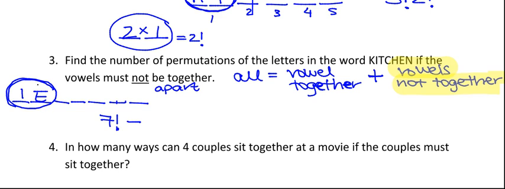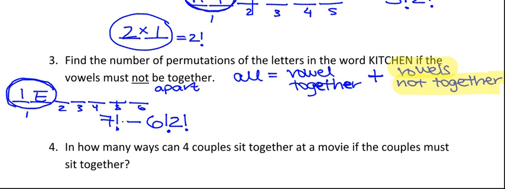So if these vowels are traveling together, then I can use the same strategy I used in the previous question. I'm going to consider them as one blob. So I have 1, 2, 3, 4, 5, 6 objects to arrange. But then I must zoom in and say, okay, how many arrangements do I have of just my vowels? So I could have 2 factorial ways of arranging the vowels.